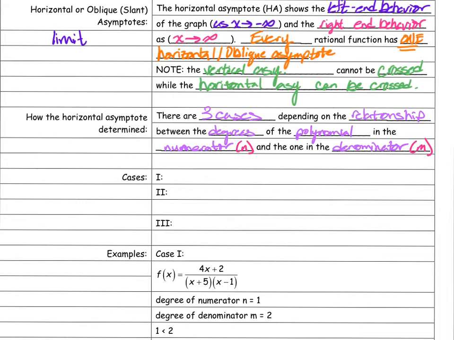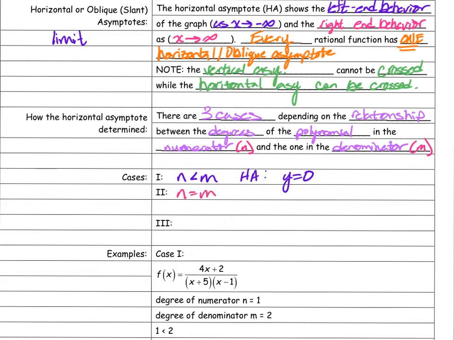So case number one is if n is less than m. That means my numerator has a smaller degree than my denominator. Then my horizontal asymptote is going to be y equals 0. Pretty easy, okay? The second case is if n equals m.